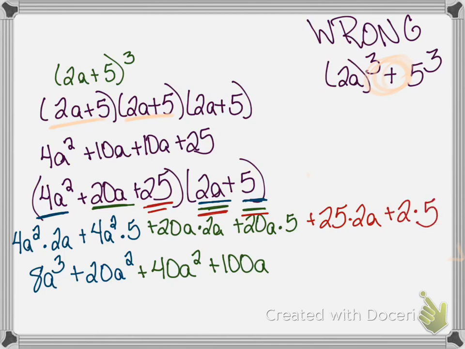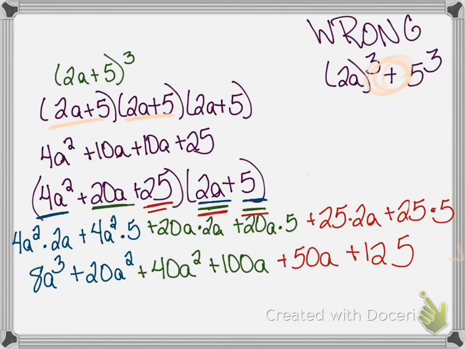Okay? 25 times 2a is 50a. Whoops, I didn't write all that down, did I? 25 times 5. Is that better? And that's 125. Okay? So you have to be super careful here, making sure that you account for every single term.